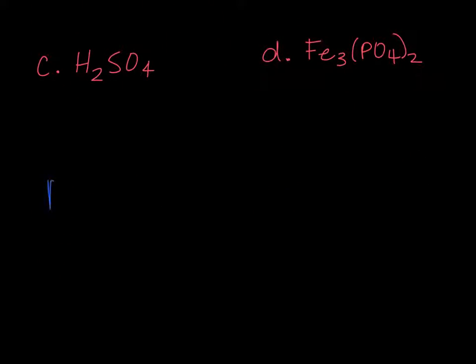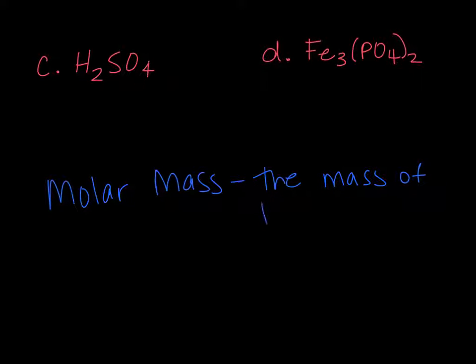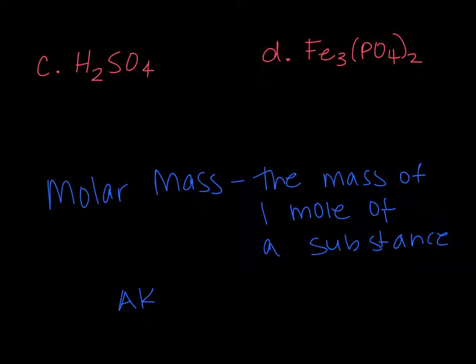Molar mass is defined as the mass of 1 mole of a substance. It has lots of different names, okay? And so one of the first names is molecular mass for molecules, formula mass.